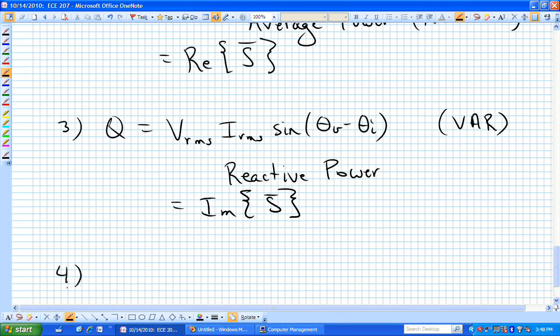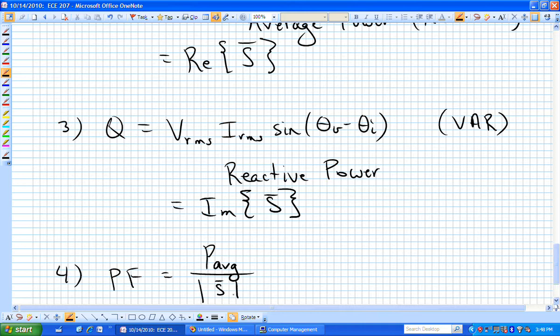One more observation. Our power factor. We can think of that in several different ways. That's what the apparent power is reduced by to get us our real power. Or you could say, that's the ratio of our real power or average power over the apparent power.